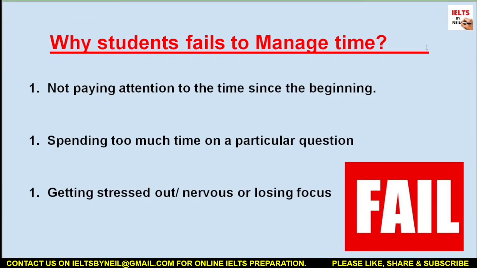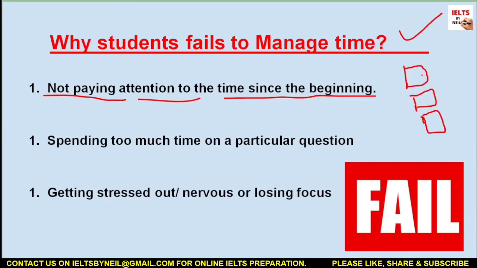So first of all, why do students fail to manage time? There may be 3 points that I have highlighted. The first is not paying attention to the time since the beginning. It means that you have not paid attention to the time in the first two sections, and all of a sudden, when you are left with only 10 or 15 minutes for the third section, you start worrying about the time.